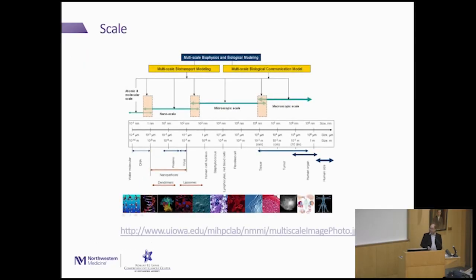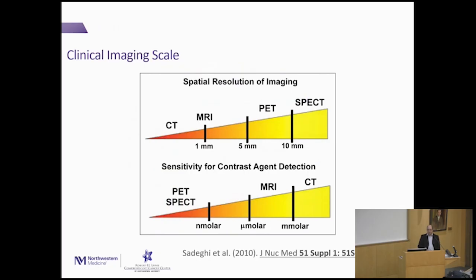This is just to orient you in terms of scale. Down here is more like molecular, DNA, things like that. On this end is whole body, and we're kind of in the middle for molecular imaging. And then to orient you with spatial resolution versus sensitivity, this is a guide for clinical imaging.